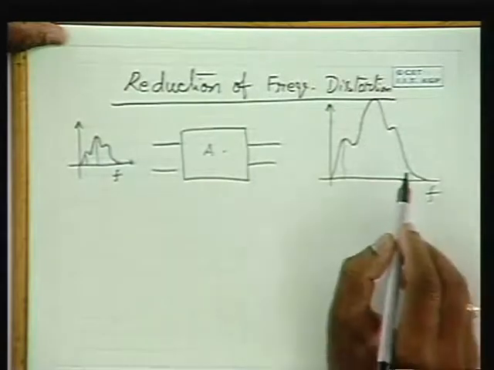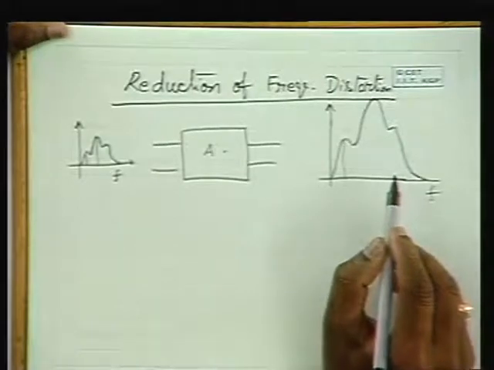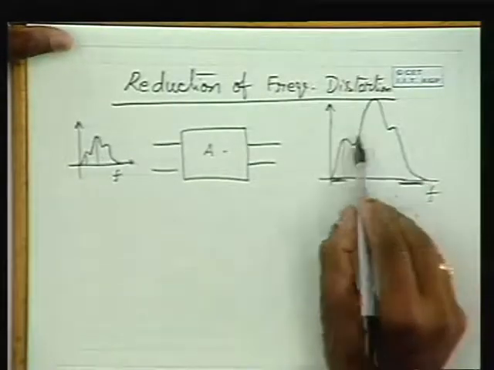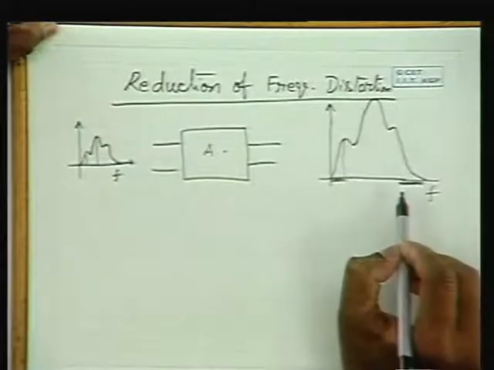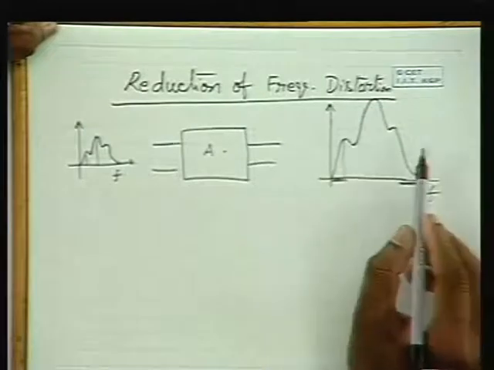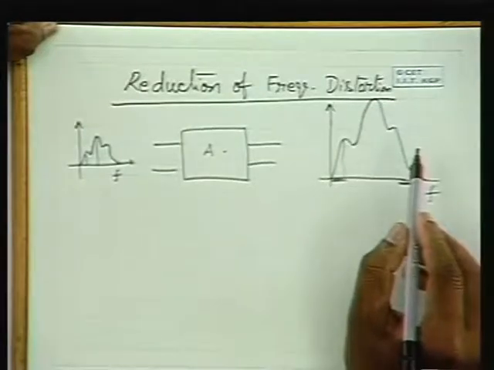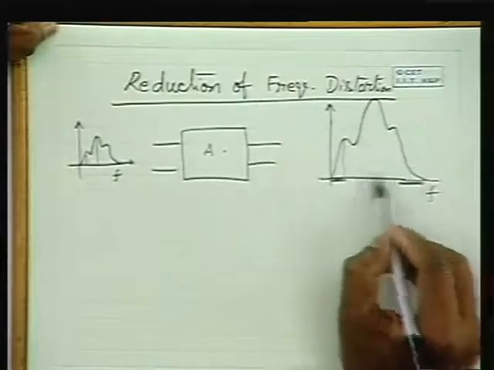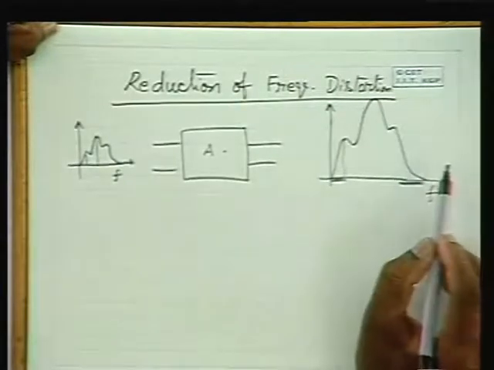In certain amplifiers, like your public addressing system, what happens is the low frequencies and the high frequencies are attenuated more than the mid-band frequencies by amplifiers. So that's why we use equalizers, where we try to boost the bass frequencies and boost the treble frequencies both.